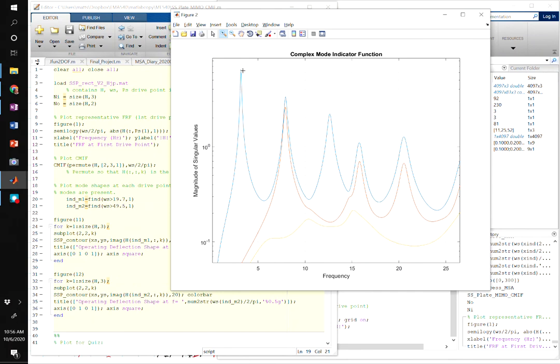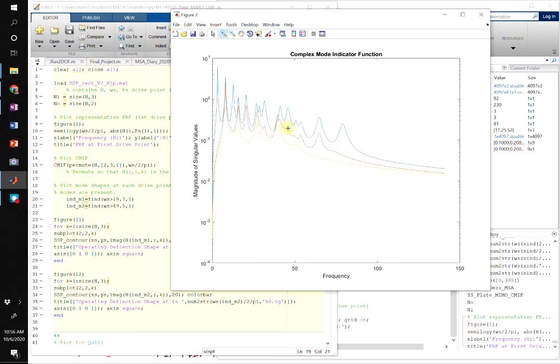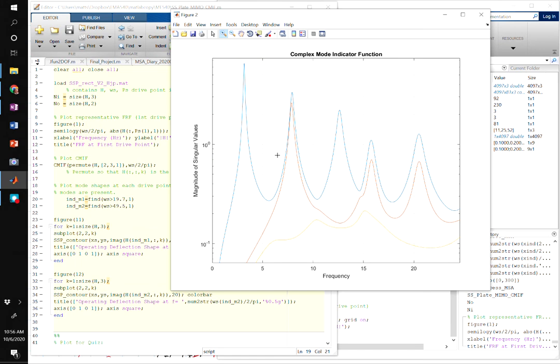This first peak says there's one shape that's dominant, and then everything else is really, really small. At this second peak, there are 2 shapes that stand out. And they even have maybe slightly different frequencies. So you can see there are 2 modes there with similar but not quite identical natural frequencies. And so this CMIF is a very powerful tool for identifying that. So we can see 1 mode, 2 modes, 1 mode. Here it looks like there are probably 2 modes at both of those peaks. And so we can see that right away.